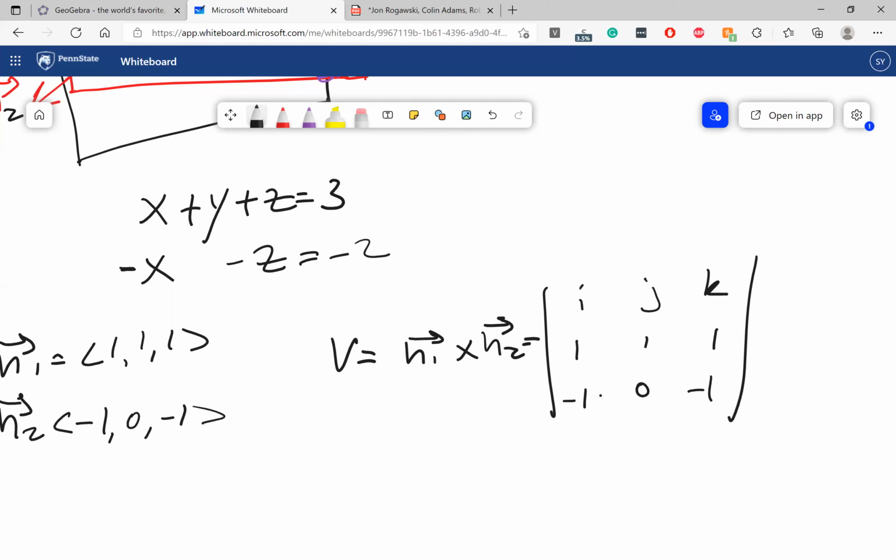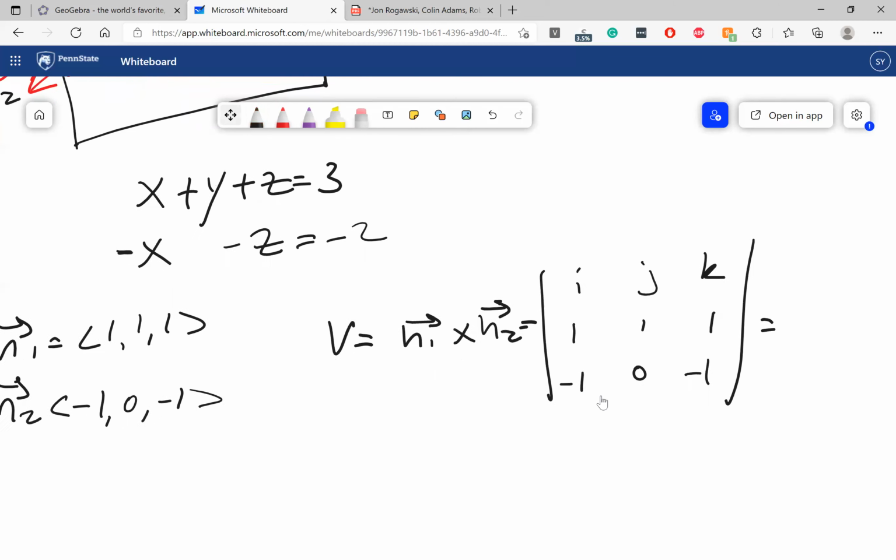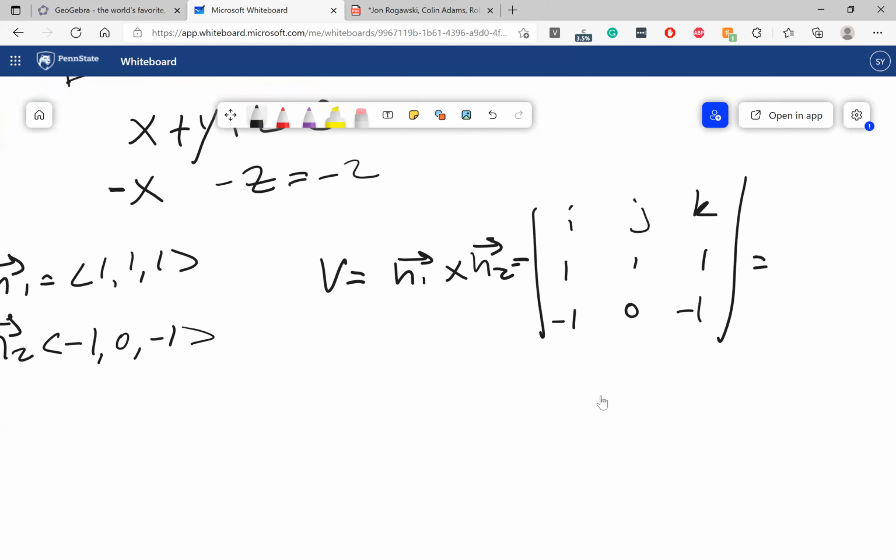Okay, so now this is going to be equal to i times, we're going to have negative 1 times negative 1 minus 0, so negative 1, minus j times, and then we're going to have negative 1 minus, but then minus, so plus, so negative 1 plus 1, which is going to be 0.